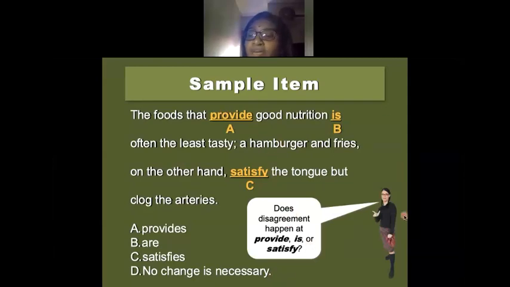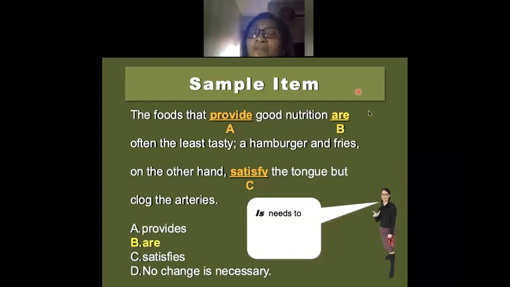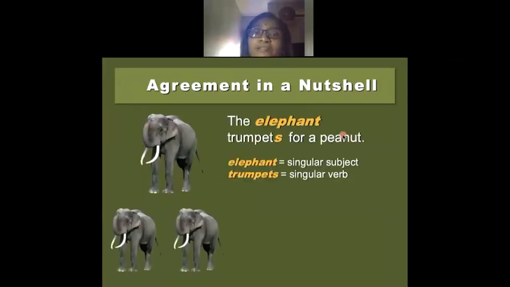So, where's the problem here? The problem is, of course, at the is. Because when you are referring to the foods as in plural, the verb has to be a plural verb, and at the same time, the sentence has to complement with it. So it will be are and not is. So that's an example of a question that you may get.